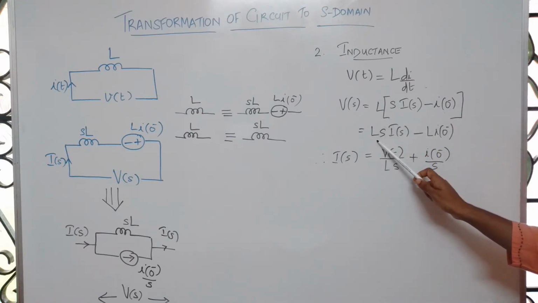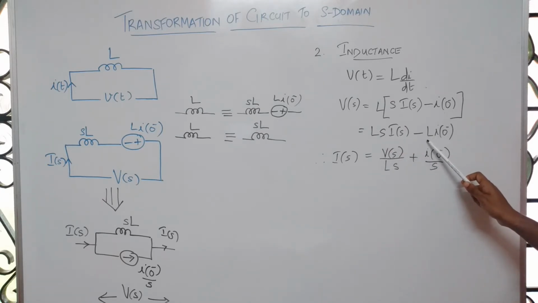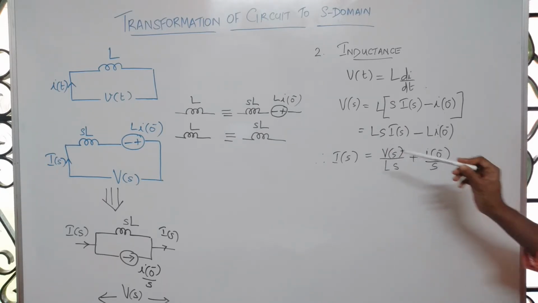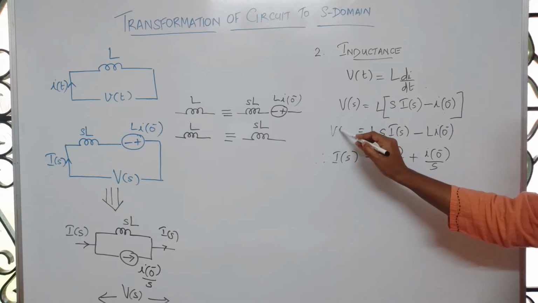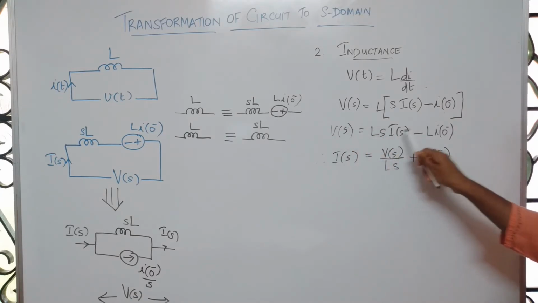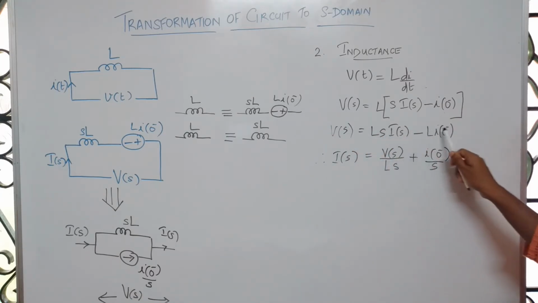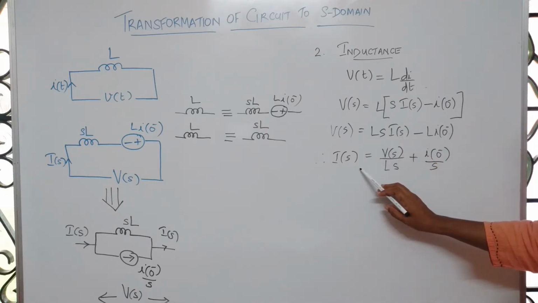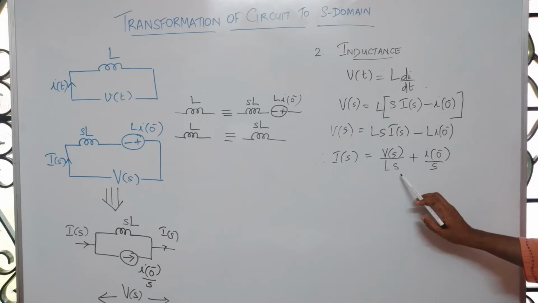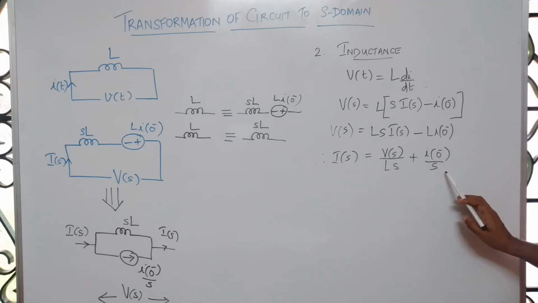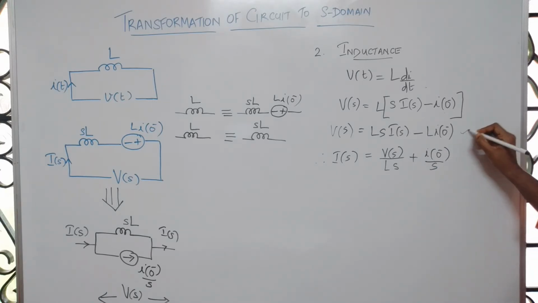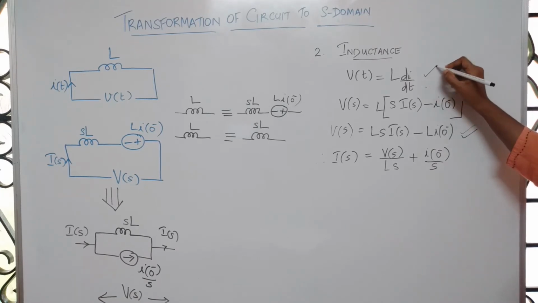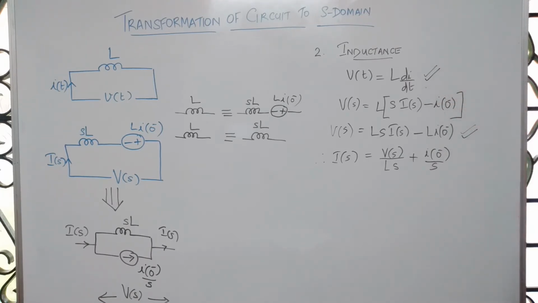Opening the brackets, it will be Ls I of s minus L into I of 0 minus. This is V of s, so these two terms represent the voltage. From this we can also write the equation for I of s, which is V of s by Ls plus I of 0 minus by s. Now I am going to represent these two equations in circuit form.